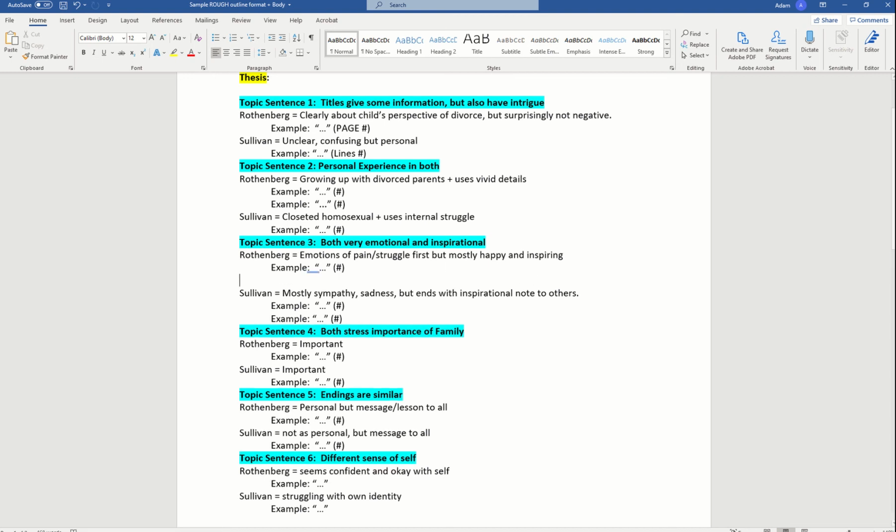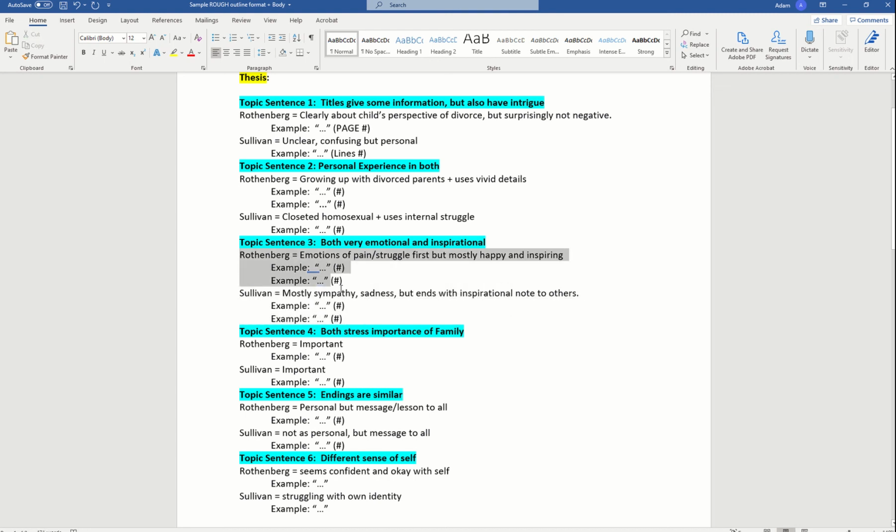If I have a few examples that I want to talk about for Rothenberg, and I can write a lot about them, and let's say I did that a couple times, and this paragraph gets to be like half a page, or even a page, then I should probably break it and do Sullivan in a separate paragraph, and just start his with, Sullivan's article also is very emotional and inspirational, and then I do a paragraph just on this part of his.